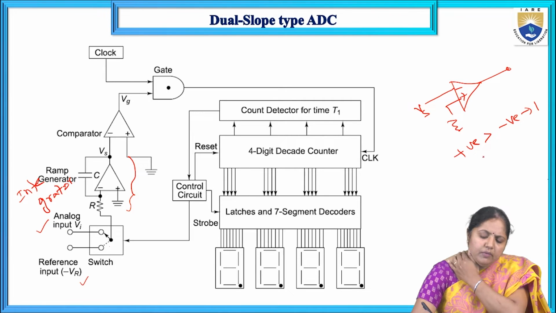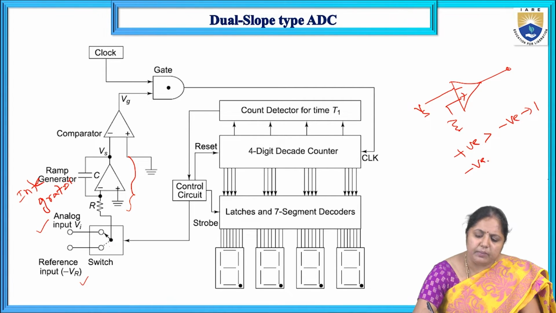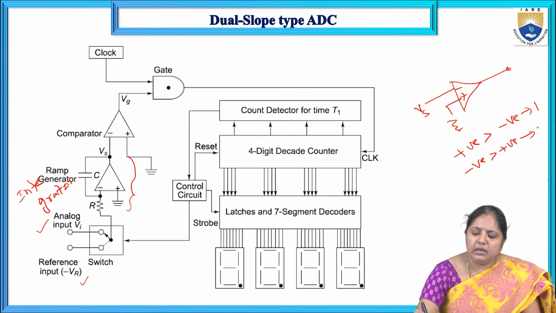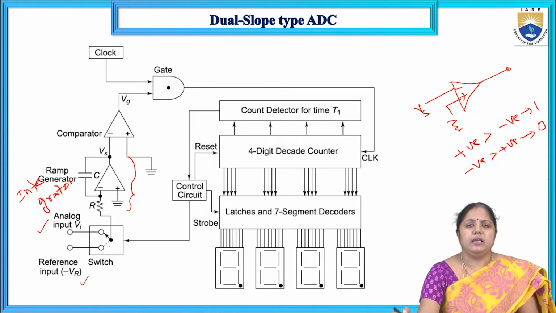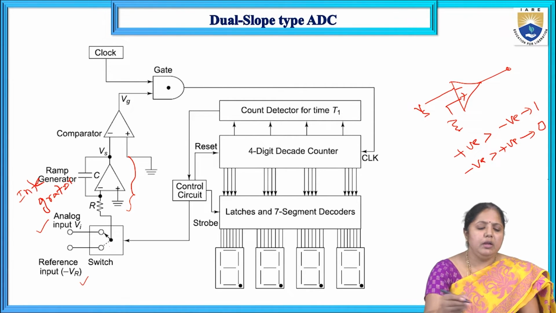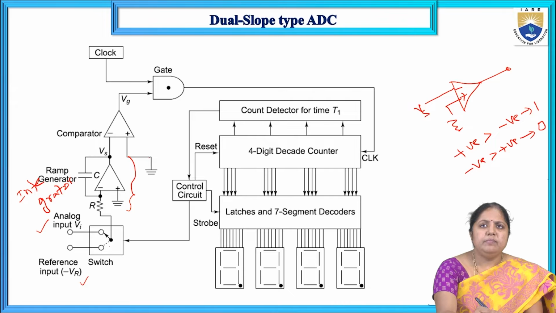When the negative voltage becomes more than the positive terminal voltage, the output of the comparator is logic 0. Since the positive terminal is simply short circuited to ground, whenever the positive potential becomes more than the negative potential, the comparator output equals 1. Otherwise, the output equals 0.